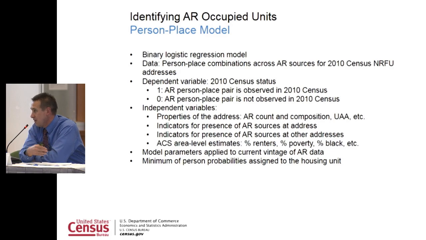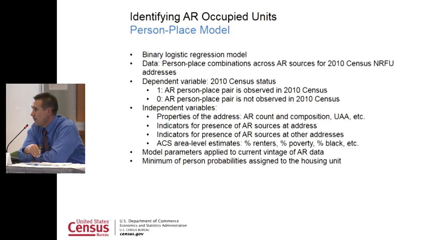And so based on this, we're able to get the model parameters from the 2010 run. And then based on our 2016 data, for example, we can apply those beta coefficients to our new data. So for every single person that we've now rostered for our 2016 test, we can say, what was the probability that they were observed in the 2010 census at this address?